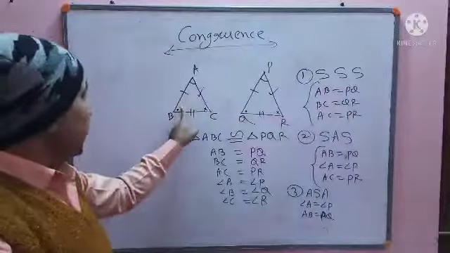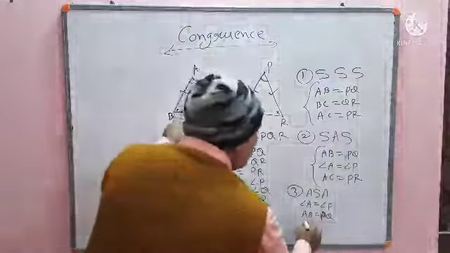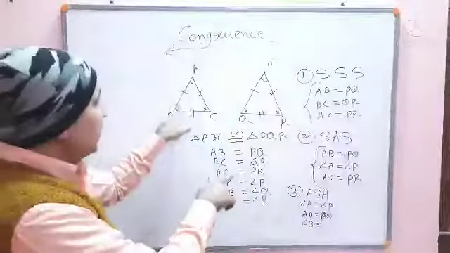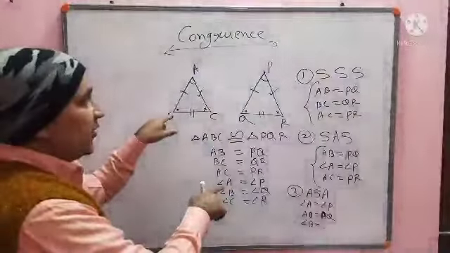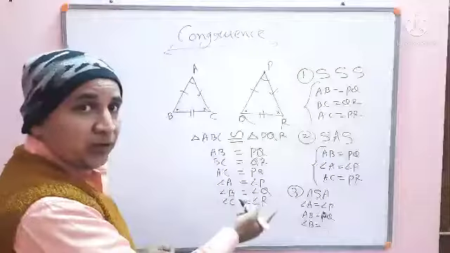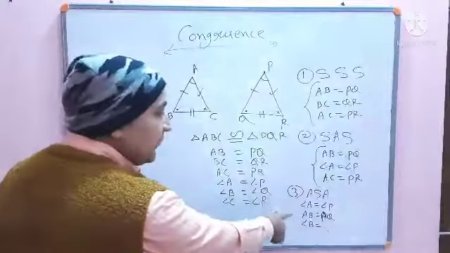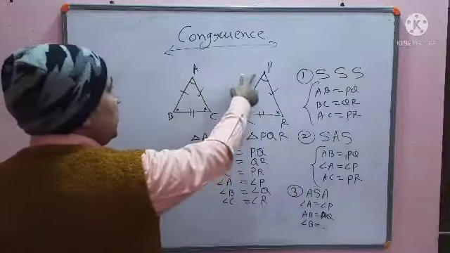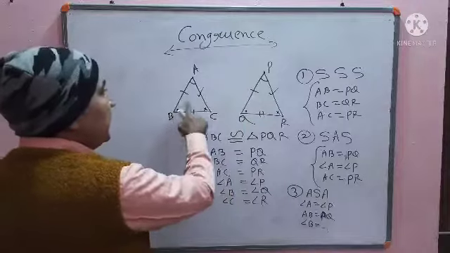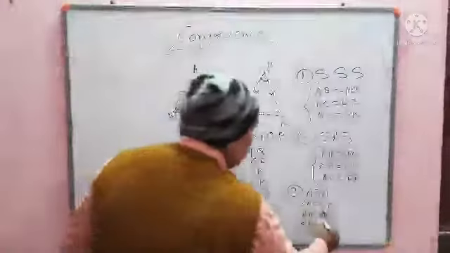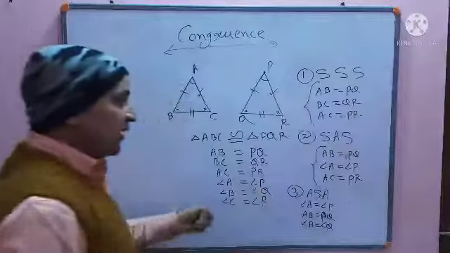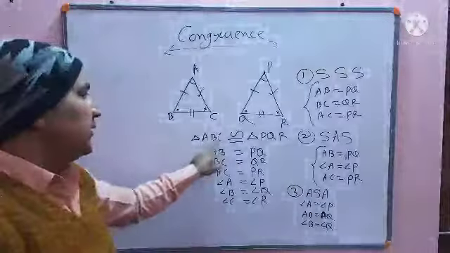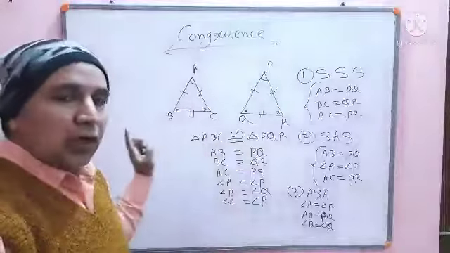To put this criteria, we have to follow the proper order, because we have to take corresponding parts. Angle A is equal to angle P, AB is equal to PQ, then definitely angle B should be equal to angle Q. And then we can say that by the criteria of angle, side, angle, these 2 triangles are congruent.